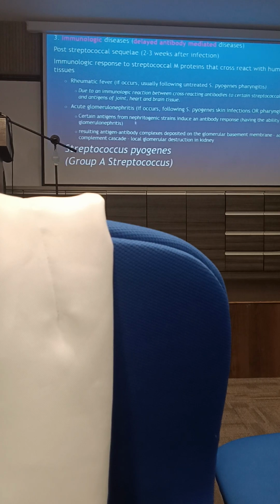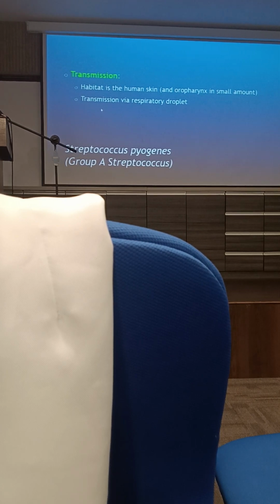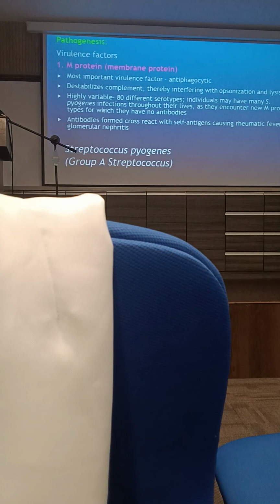So it's acute glomerulonephritis. Okay, how is it transmitted? The habitat now is the skin and oropharynx in small amounts. So there is some strep on skin, but mainly it's staph on skin. It is transmitted via respiratory droplets.